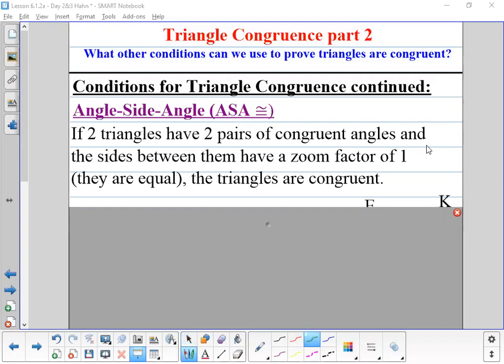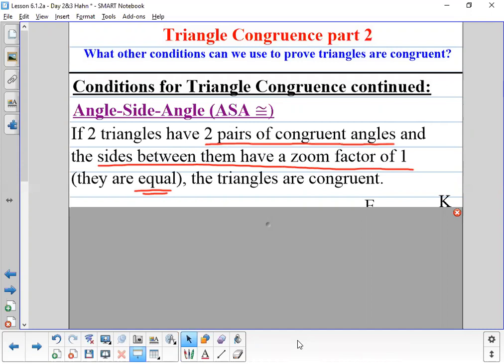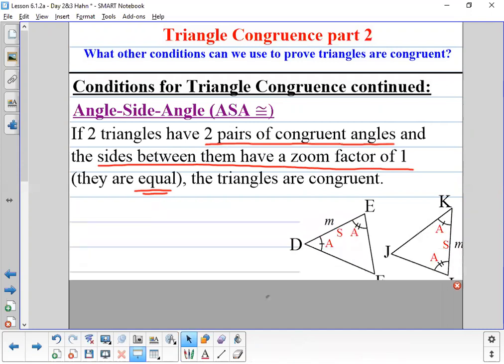If two triangles have two pairs of congruent angles, so our angles match up, and the sides between the angles have a zoom factor of 1, that means they're equal, then my triangles are congruent.